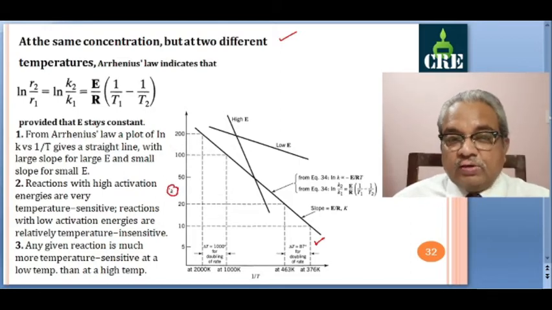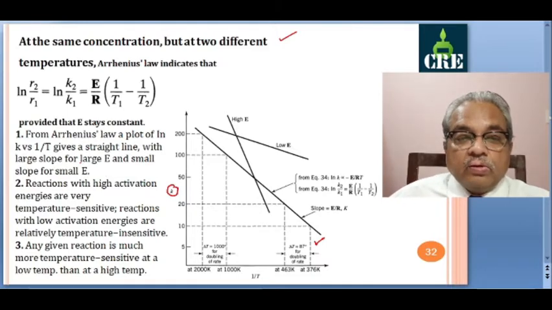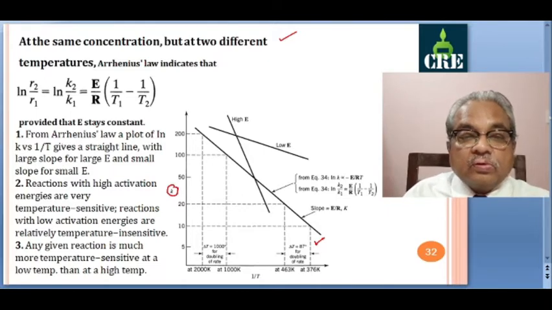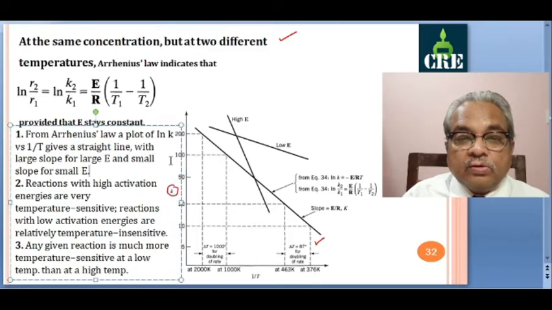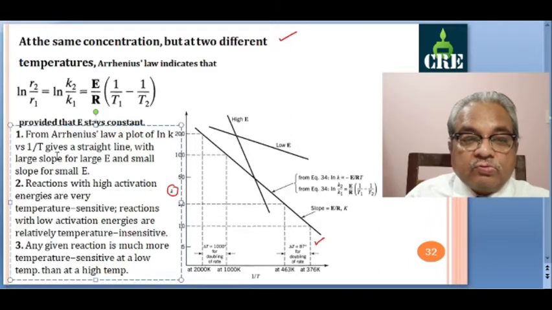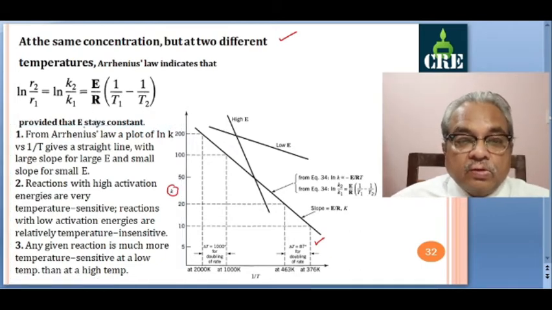You can plot on normal scale and plot ln of K. This is better, ln of K versus 1 by T, and it gives a straight line with the large slope for large values of E or high E, and small slopes for small E or low values of E.